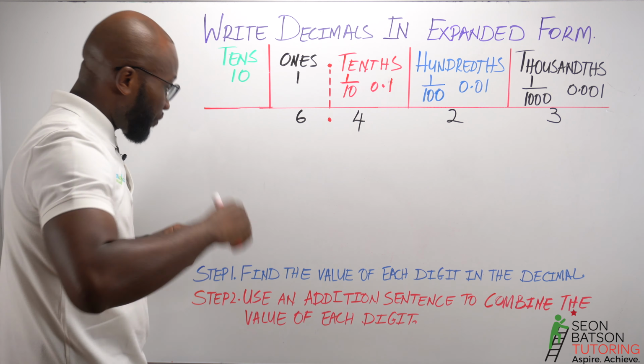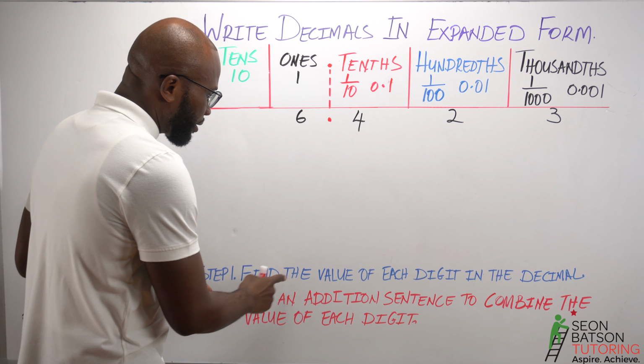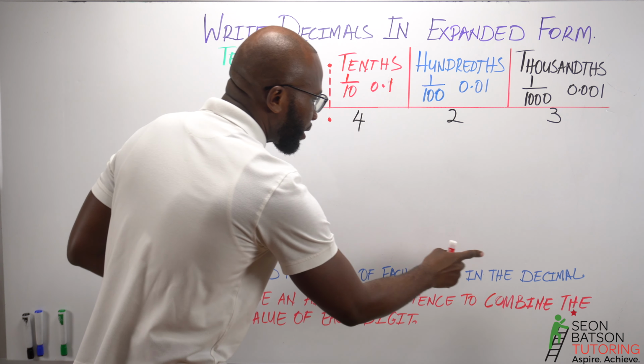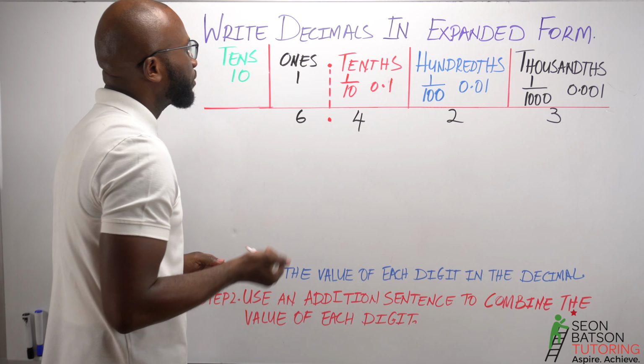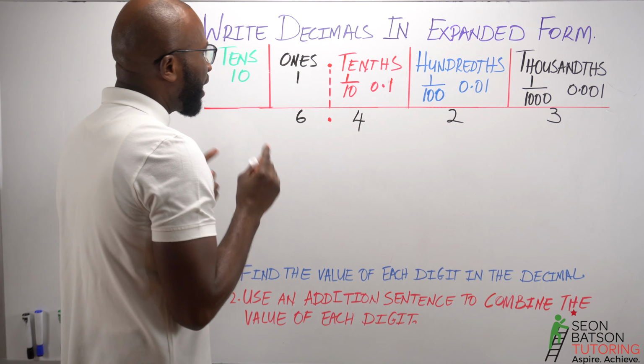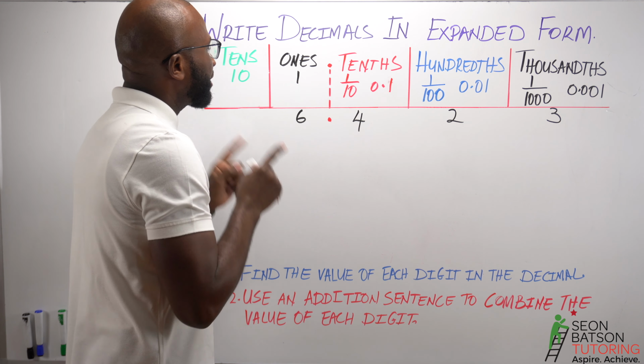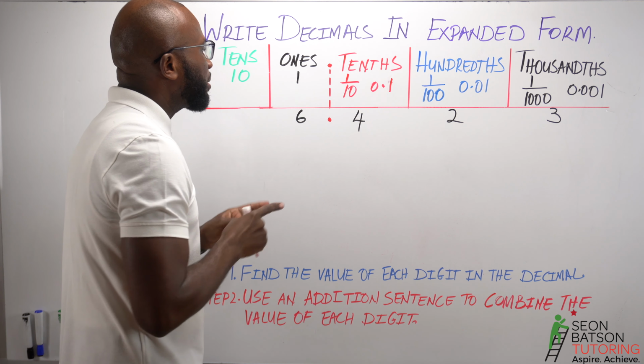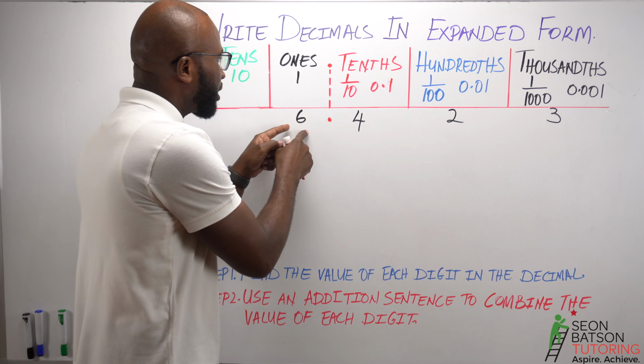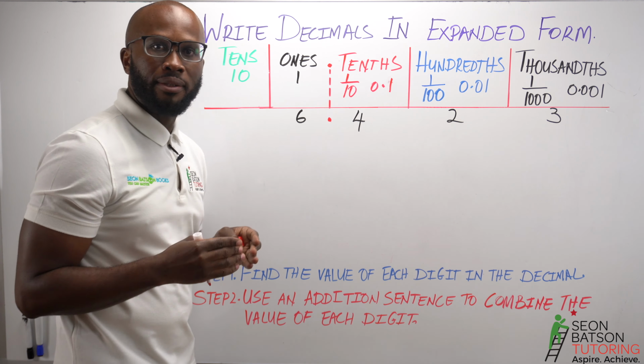So again, for step 1, we will find the value of each digit in the decimal. Remember, to find the value of a digit, we simply multiply the digit by the place it is in.